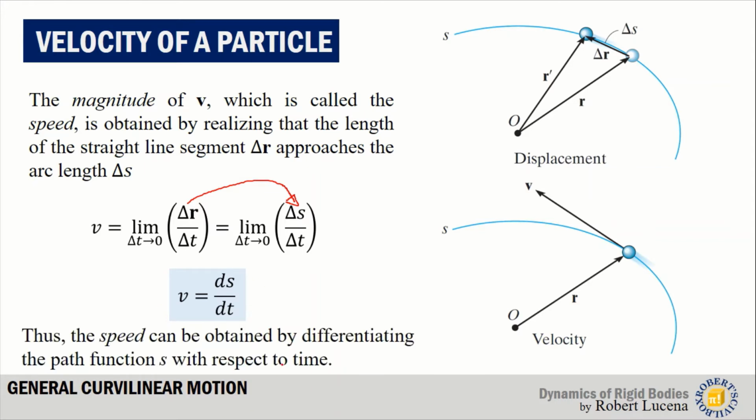Now, speed can be obtained by differentiating the path function s with respect to time. So this equation of path of motion can now be analyzed, and we can get the velocity equation from the position equation. We have proven that if you differentiate the equation of the path of motion, you get the velocity equation.